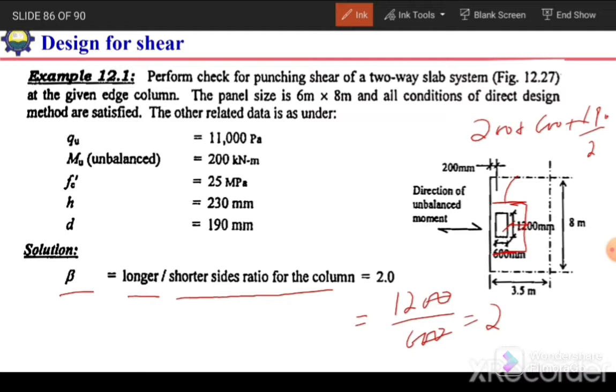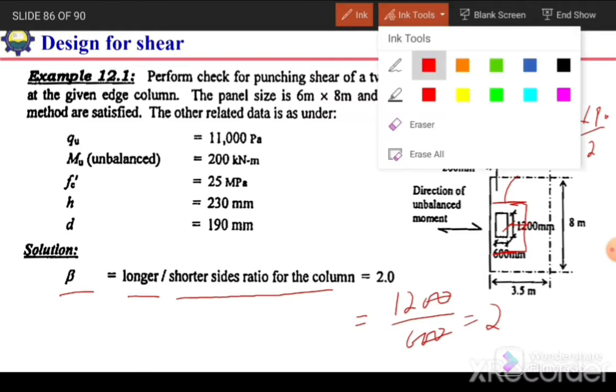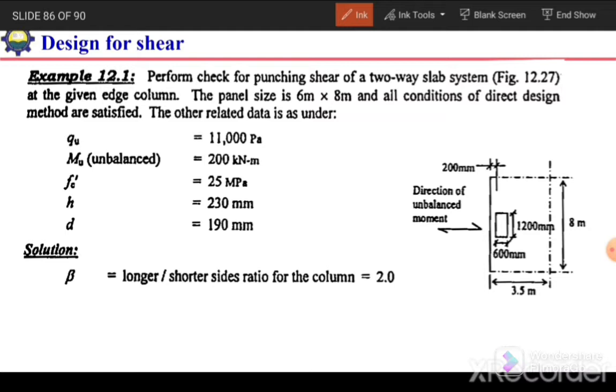Okay, so in this direction, the dimension of the perimeter will be d by 2, 190 by 2, plus this dimension of the column 1200, plus d by 2, 190 by 2. So this is b2 and this is b1.